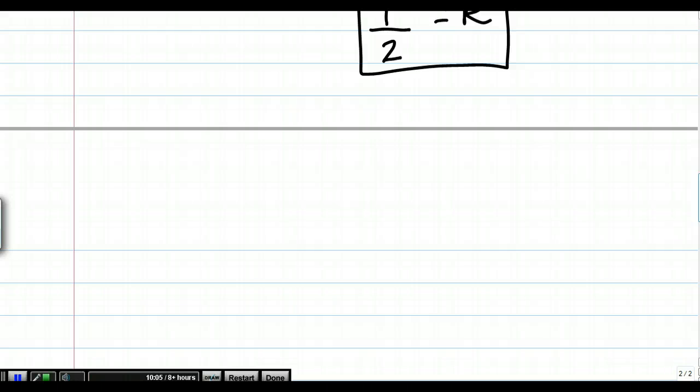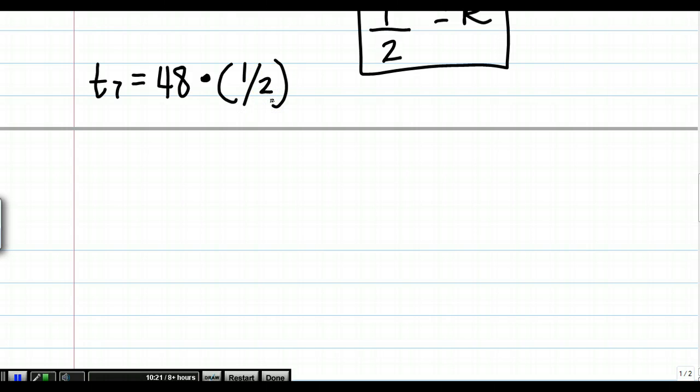So we'll use our geometric formula that's at the top of our notes. We are finding the seventh term. We know that the first term is 48. We know that r is a half. We know that n is 7 minus 1. So now we just simplify.